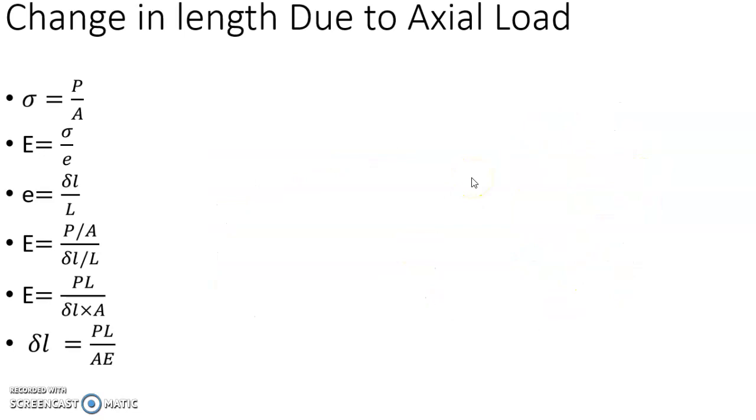Now for the next slide, change in length due to axial load. Sigma equals P by A, where sigma stands for stress, P for load, and A for cross-sectional area.